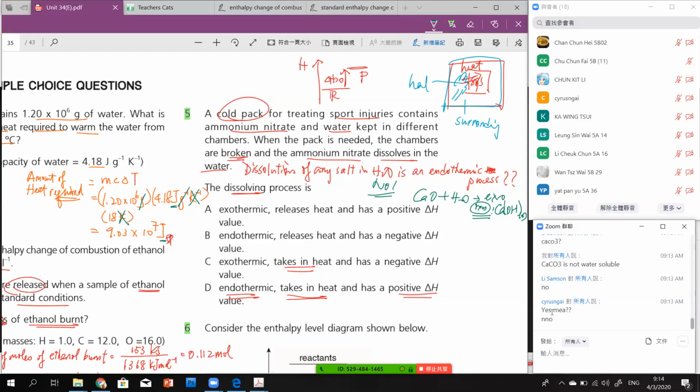Now, how about you? No. What does no mean? Can you give me some example? No. Samson, what do you know about caustic soda? Caustic soda.